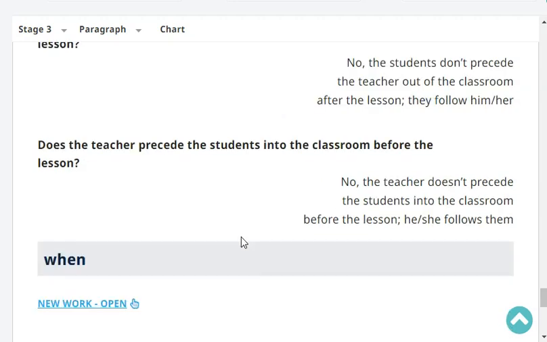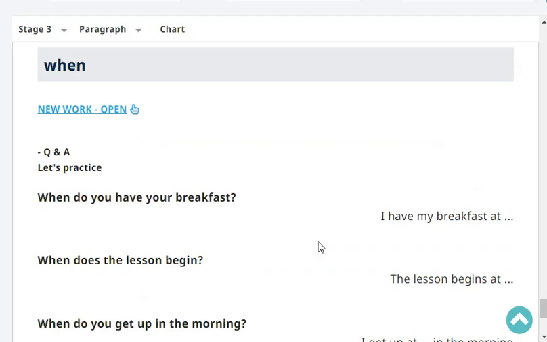Right? Does the teacher precede the students into the classroom before the lesson? No, the teacher doesn't precede the students into the classroom before the lesson. She follows them. Very good.